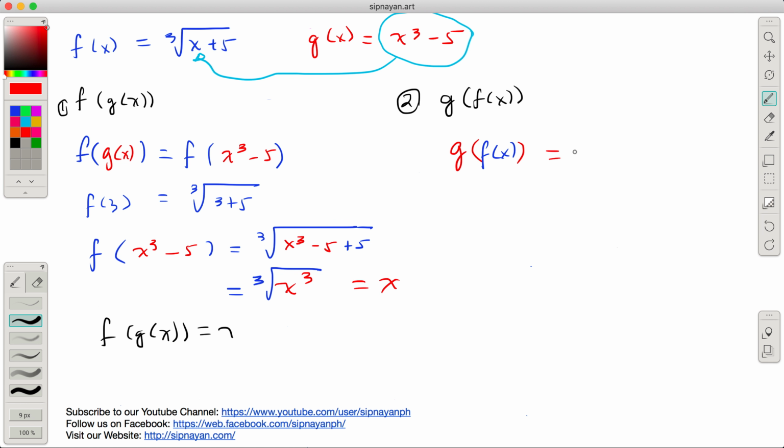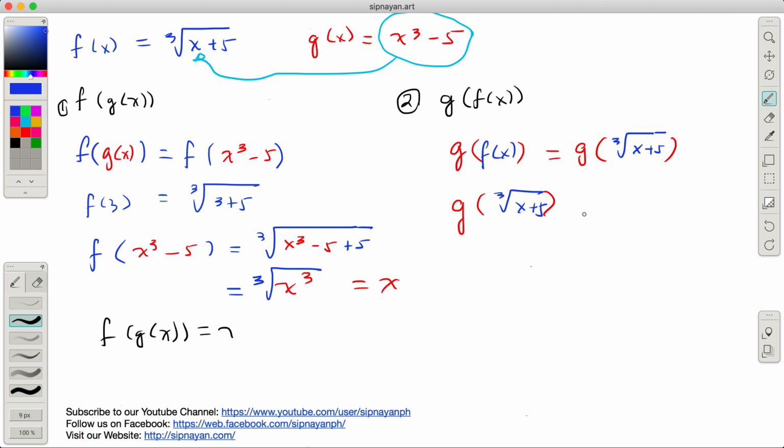So, magiging g, no? G of cube root of x plus 5, no? So, what is g of cube root of x plus 5? So, substitute naman natin siya dito sa x cubed.